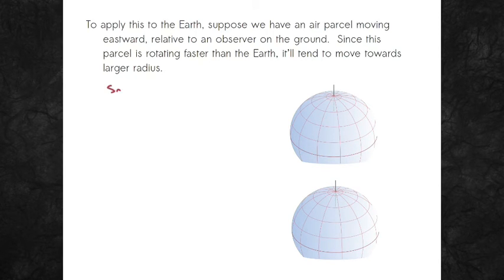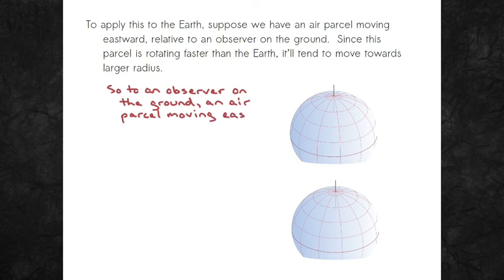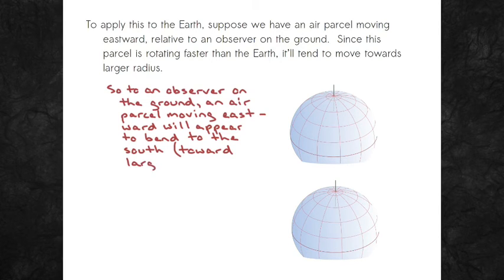So what that means is that to an observer on the ground, an air parcel moving eastward, which means it's rotating faster than the Earth, is going to want to slide southward, will appear to bend to the south, so as to be able to move outward from the axis of rotation towards a larger radius.